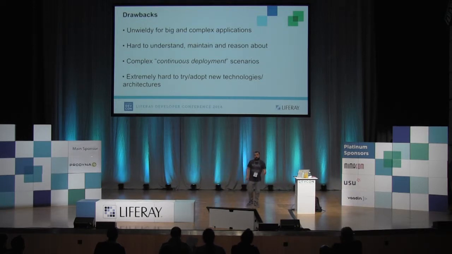This is hard when you have a really big application. It makes it really, really hard to follow a continuous deployment approach. If I want to constantly deploy new features into my product, it's really hard because I constantly need to deploy everything. If I make a small change, like 2 lines of code, just to fix a bug, I have to deploy, in this case, the whole Liferay. So it doesn't make sense in many scenarios.